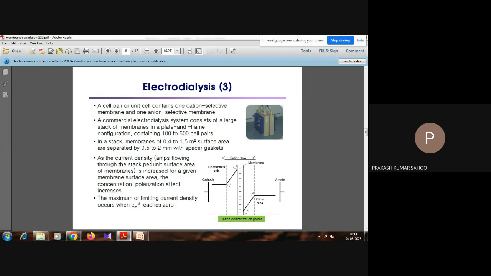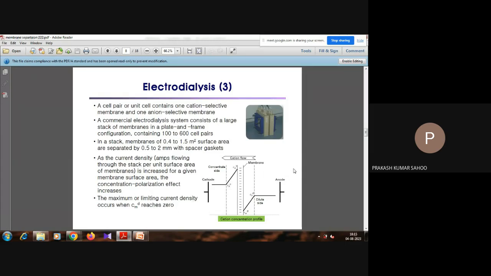As the current density, that is current in amps flowing through the stack per unit surface area of membrane, is increased for given membrane surface area, the concentration polarization effect increases. The maximum or limiting current density occurs when the CPD, that is concentration polarization density, reaches zero.